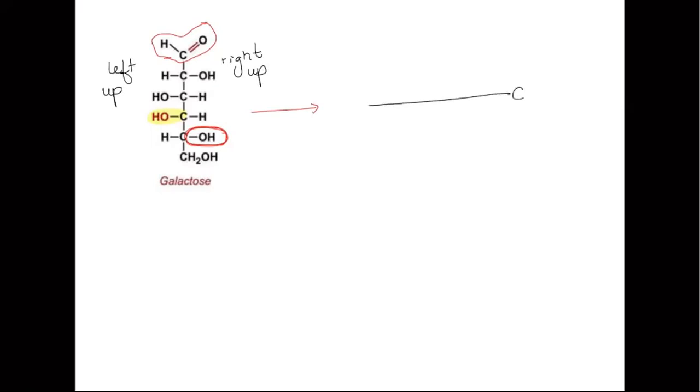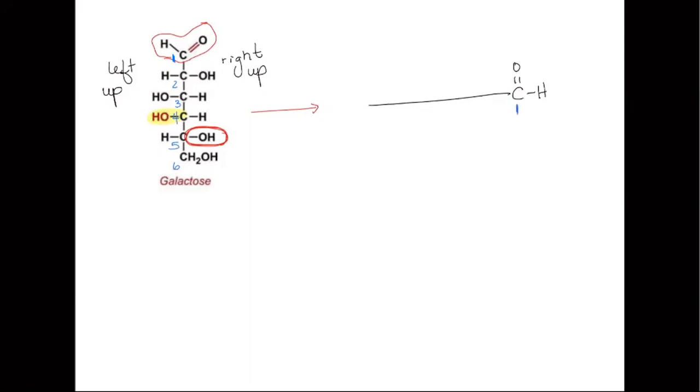I have my C double bond O H, or sorry, CHO. And then let me number the carbons. Maybe this will help. This is carbon number 1. This is 2, 3, 4, 5, 6.